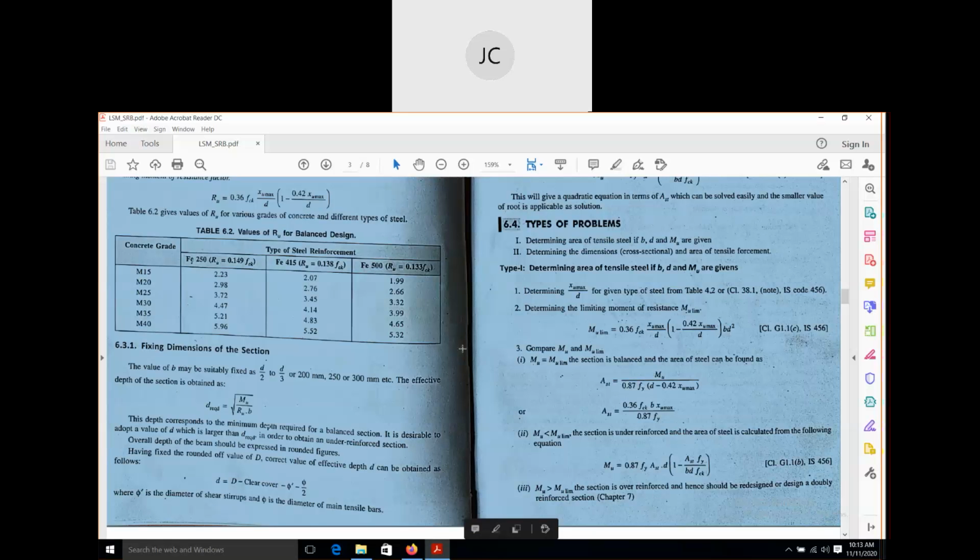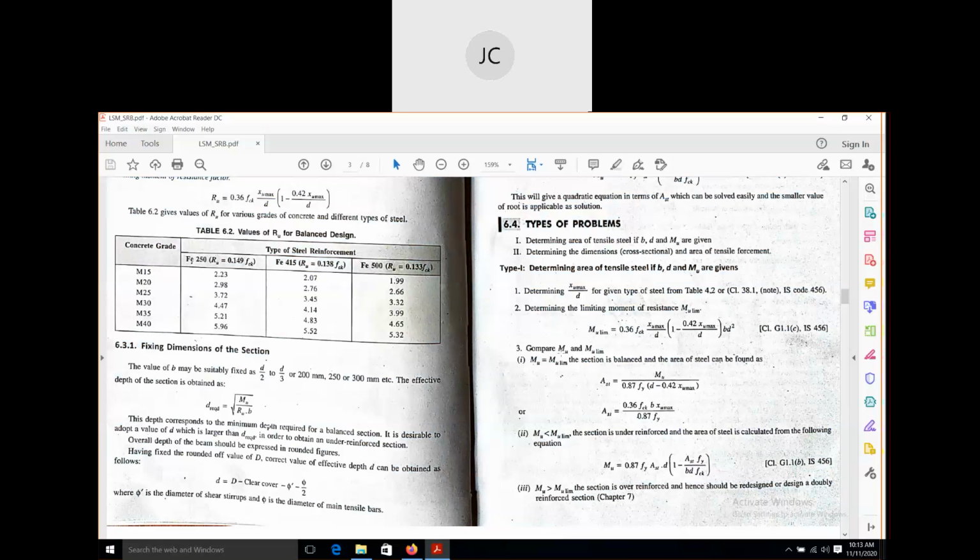Our coordinator's name is, I think you know him, Rituras Nath. So you call our coordinator sir, and you ask him that we have been informed that we have to come and attend the laboratory classes, so can you give us a date?